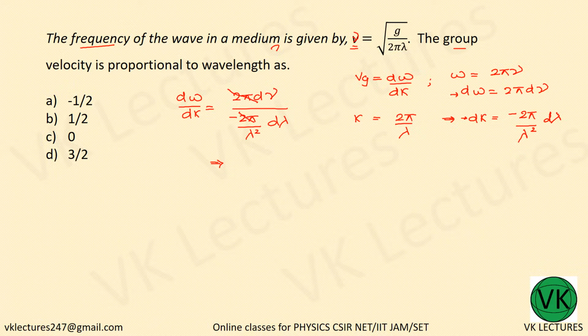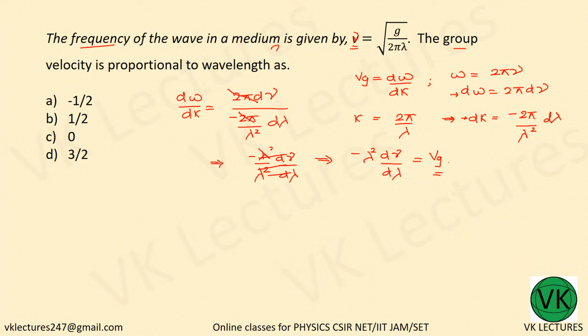So minus lambda square d nu divided by d lambda. We have done this in our first class. That's equal to Vg. This is another form of group velocity in terms of wavelength.